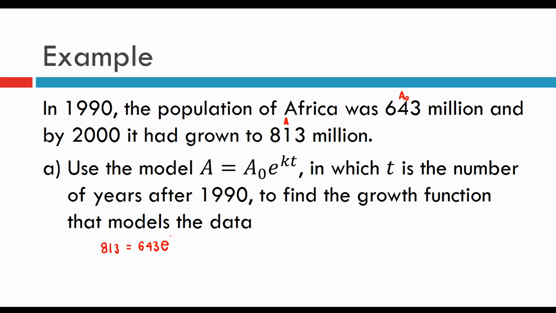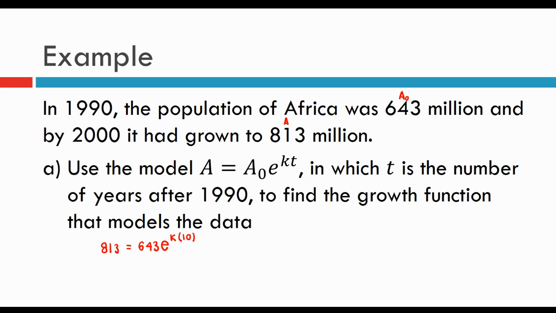Notice that we don't know what k is because we don't know what the growth rate is. However, we do know what t is. We're starting in 1990 and ending in 2000, so that's a 10-year difference. So t is going to be 10.